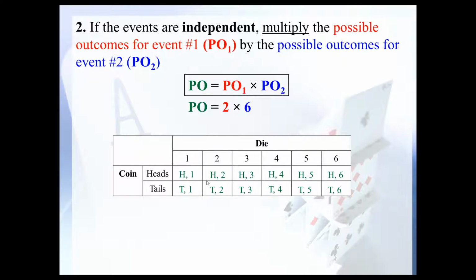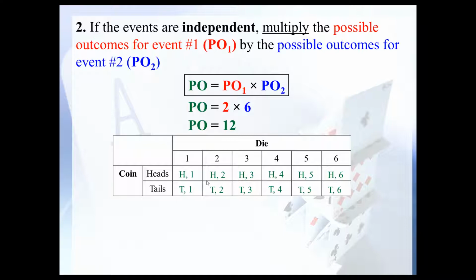There's 6. So if I take the possible outcomes for event 1 and multiply by the possible outcomes for event 2, I'd have 2 times 6, which would also give me 12 total possible outcomes. Again, I could have done that calculation without having constructed a table or a tree diagram. It's just a much, much faster way to figure out the total number of possible outcomes in an experiment.